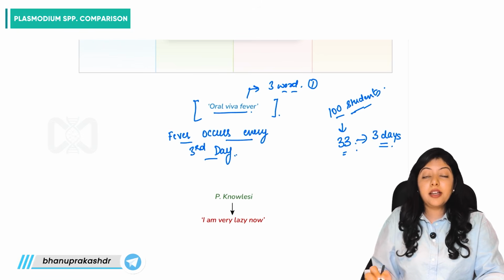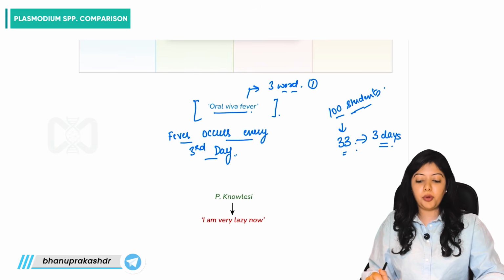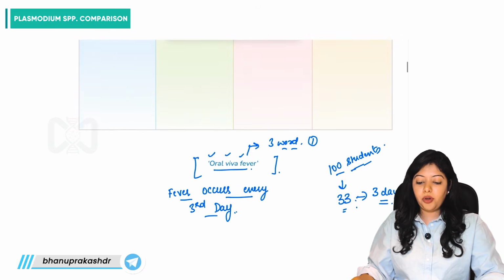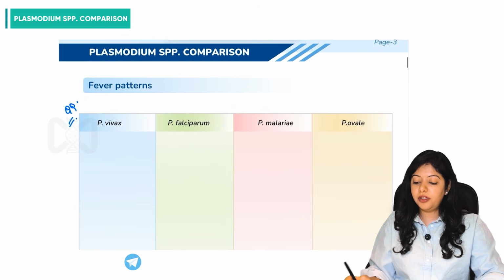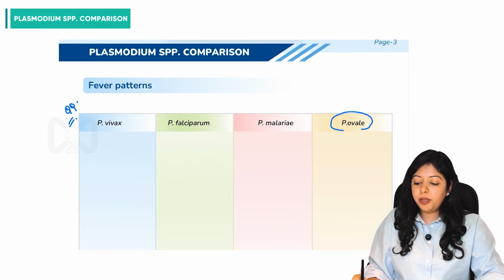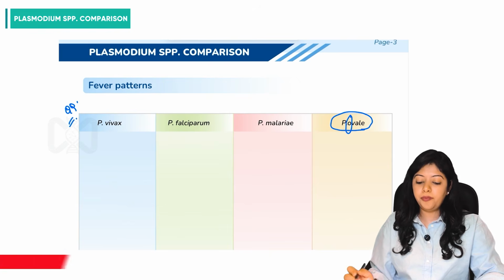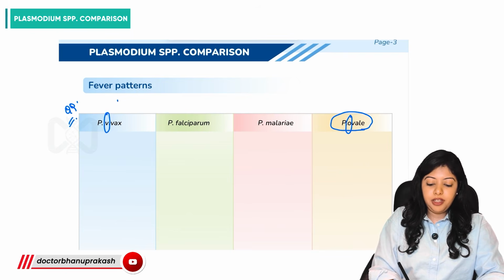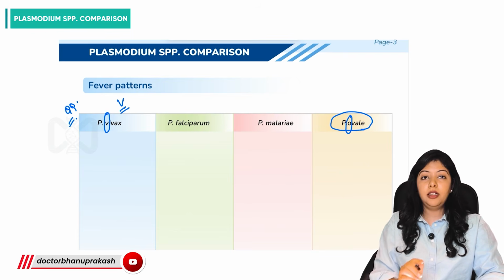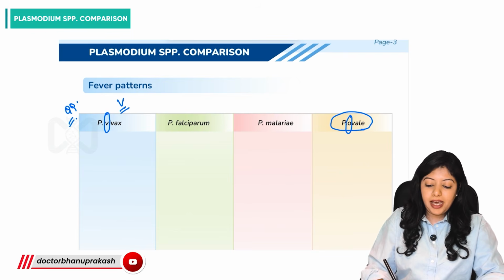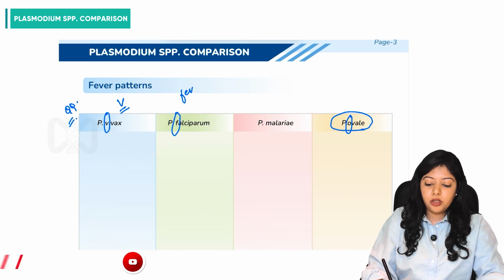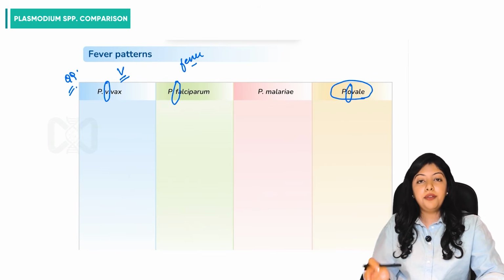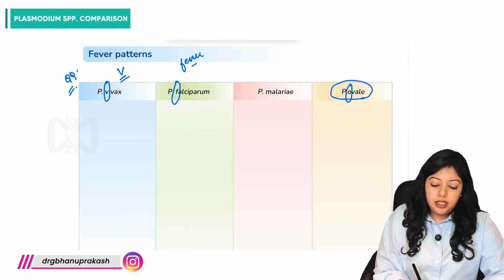Why have I considered this particular mnemonic, oral viva fever? It stands for the 3 species. Firstly, Plasmodium ovale, oral, then Plasmodium vivax, V for vivax, viva, and F for falciparum, fever. So it is these 3 species which will have fever every third day, right?